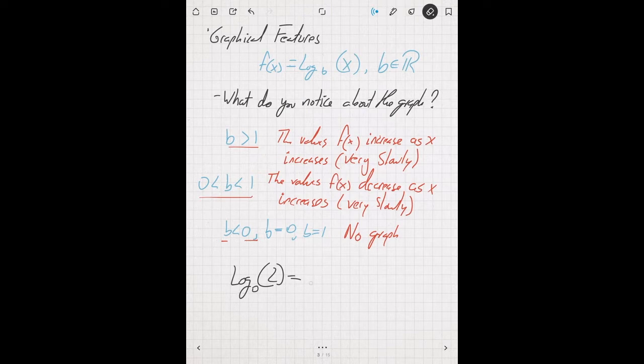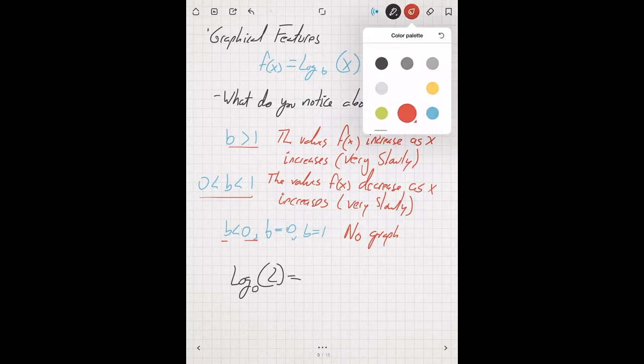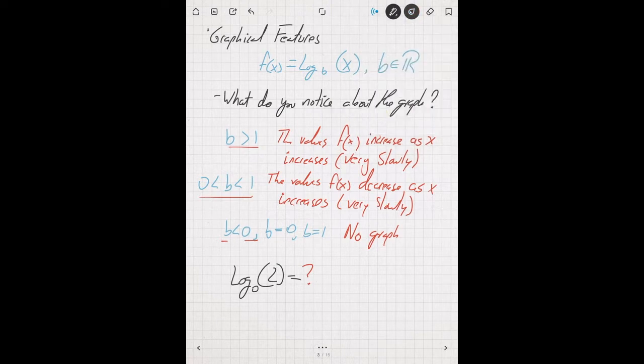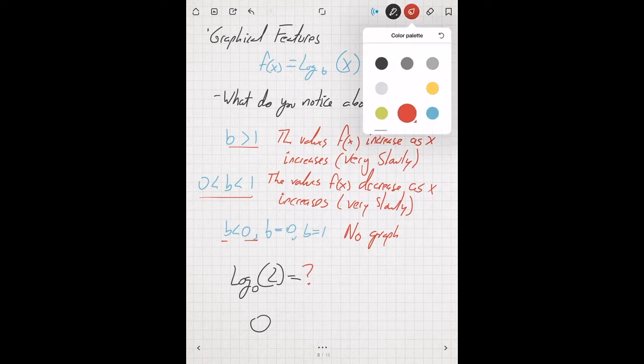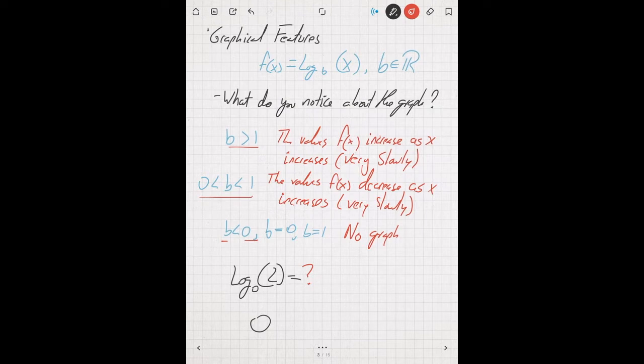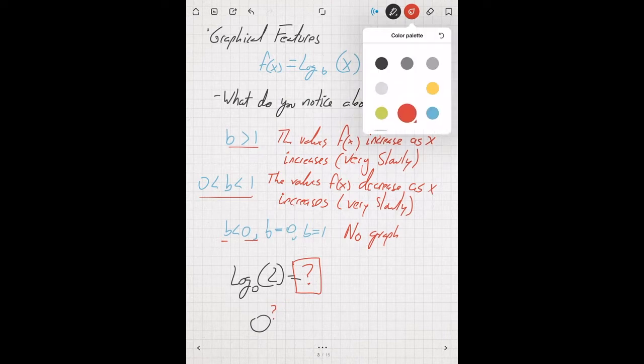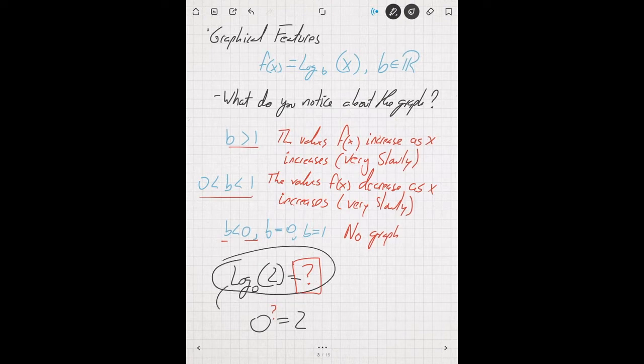And in fact, I'll color that in red. Well, if I were to rewrite this as an exponential, I would say that my base number is 0. Remember, logarithms always would spit out an exponent. So this unknown is my exponent. That's what I'm trying to find. And it would equal 2. That's what this is saying.